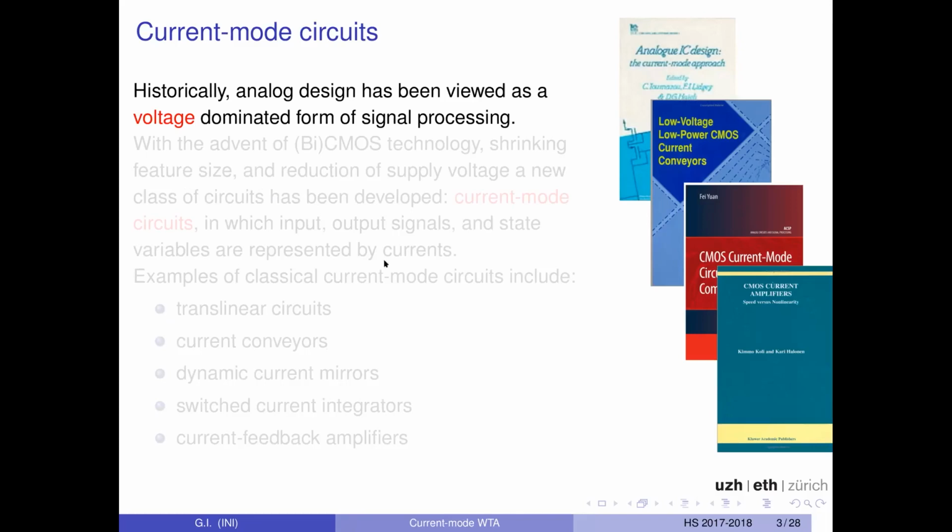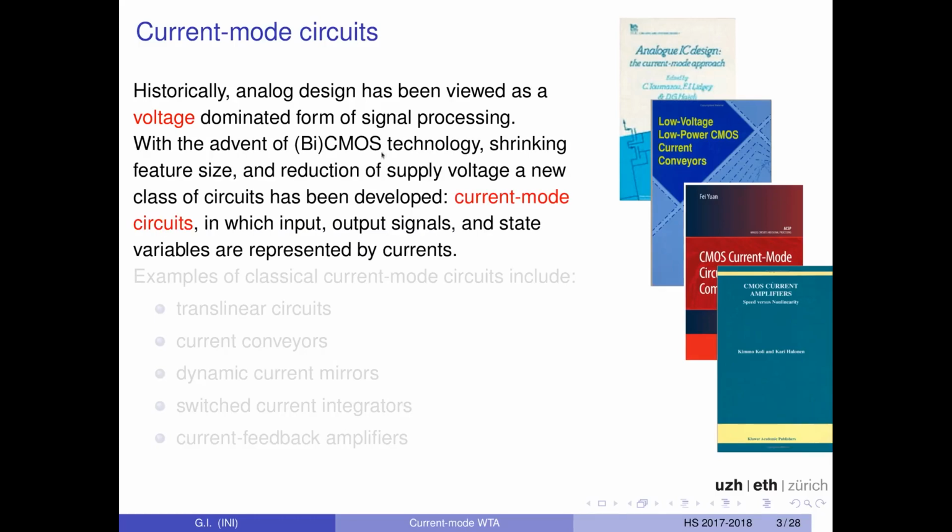Historically, analog design has been viewed as a voltage-dominated form of signal processing, meaning that the input signals and the output signals are voltages, and most of the time the parameters are also voltages, like the bias voltage. However, with the advent of bi-CMOS first and now CMOS technology, the shrinking of feature size, and the reduction of power supply voltage, current mode circuits started to become more and more popular.